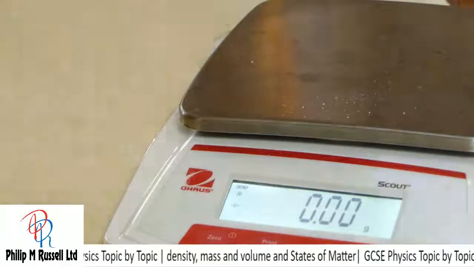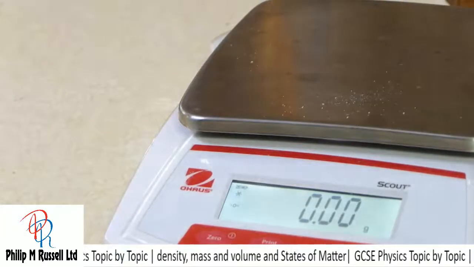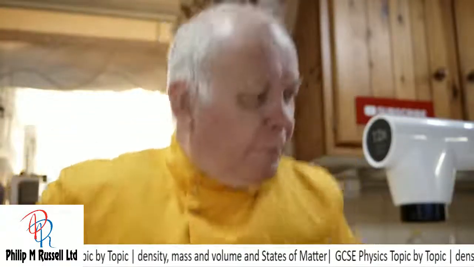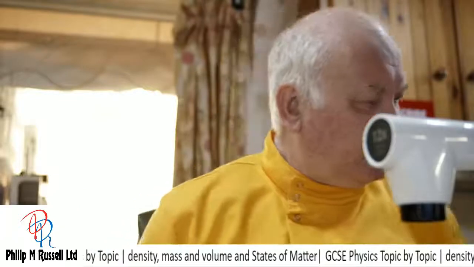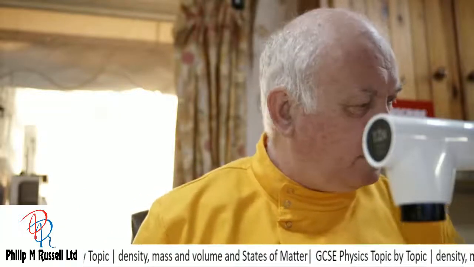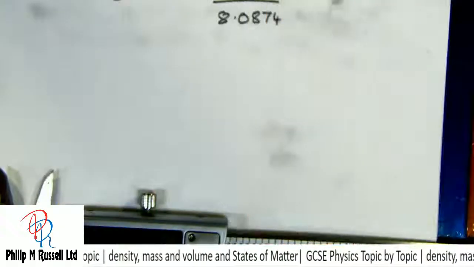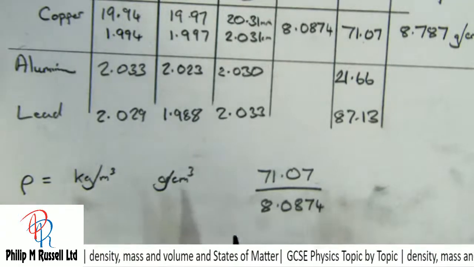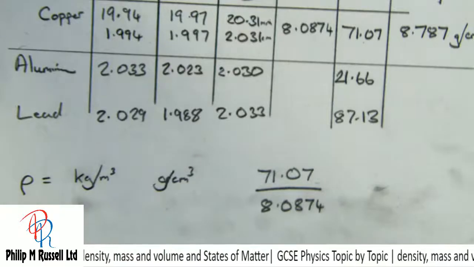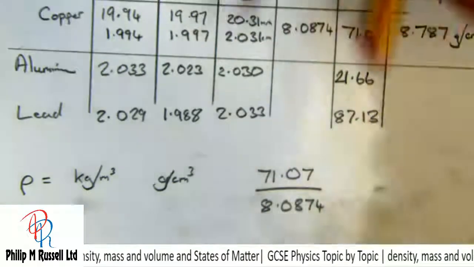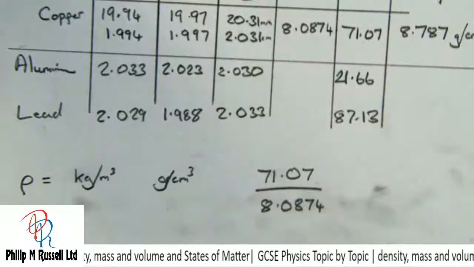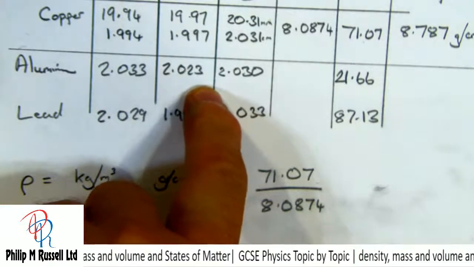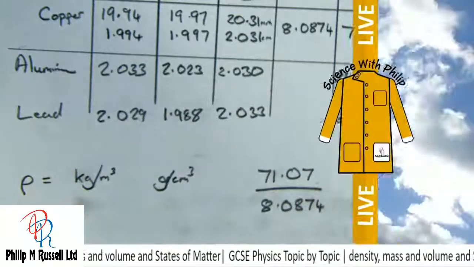So having done that, we'll have a look at those figures and see what we can do with them. So my aluminium, first of all, I want to work out what those values are. So put the Vernier Caliper away, and let's now multiply these three numbers together and see what we get.